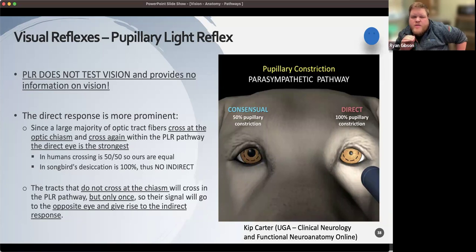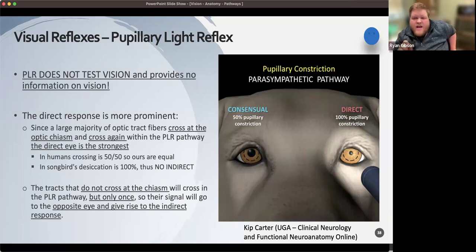So the direct response, you're probably looking at this dog and wondering why the direct response is 100% constriction versus the consensual 50. The reason is that a large majority of optic tract fibers cross at the optic chiasm. Remember, we talked about in a dog, 75% of axons decussate.